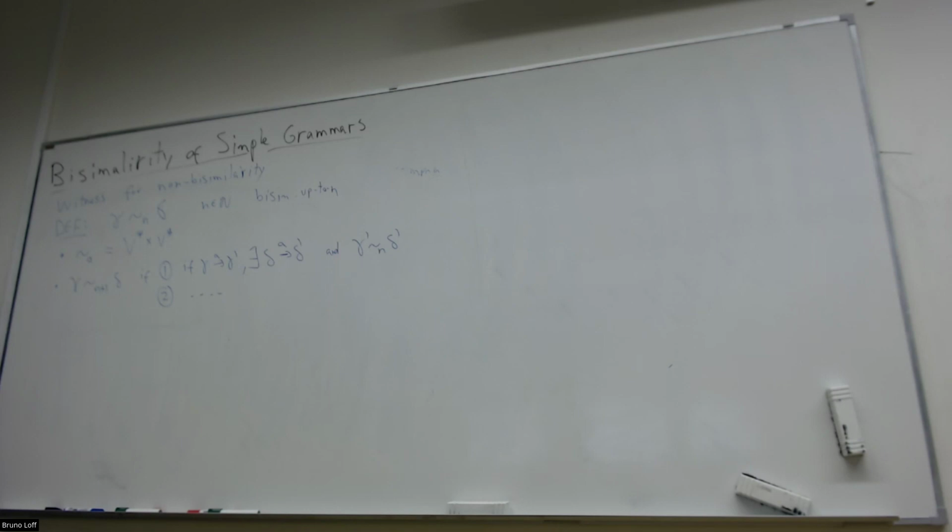So if you want to decide whether two words are bisimilar up to n, you can just build a tree of all the possible transitions that you can take from gamma in n steps, all the possible transitions you take from delta in n steps, and then you can try to see if there's a match between the transitions at all these levels. That's kind of the idea.